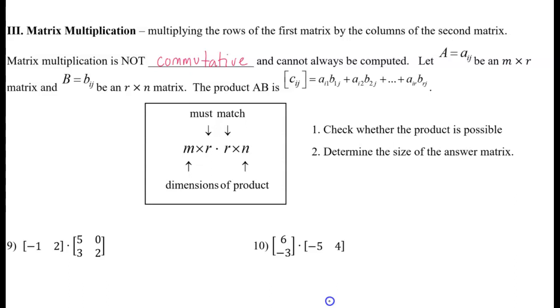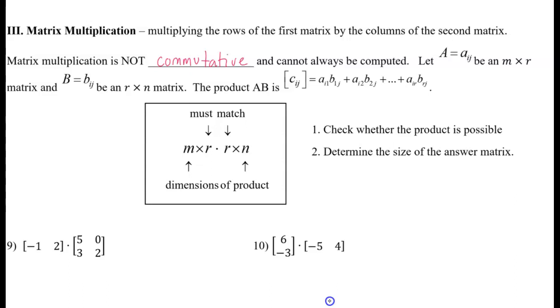Now, before we actually do this multiplication, we need to figure out if we can actually multiply the given matrices, because sometimes we can't. You can only multiply matrices when, if we're looking at the orders of the two matrices, the middle two numbers match.